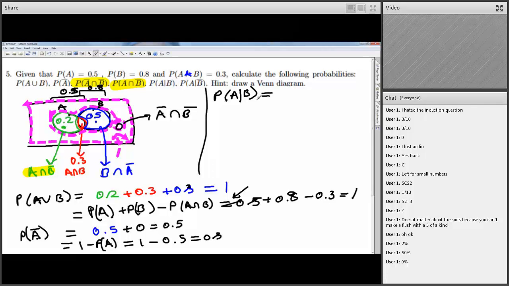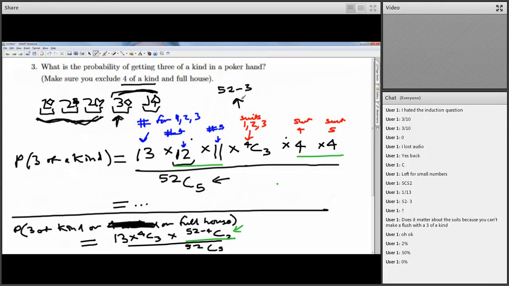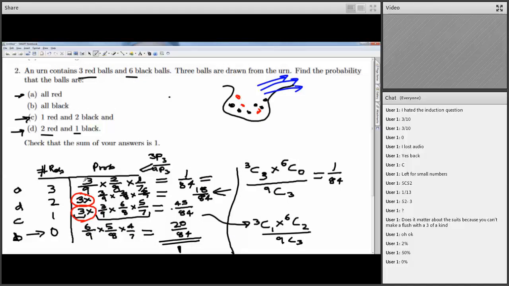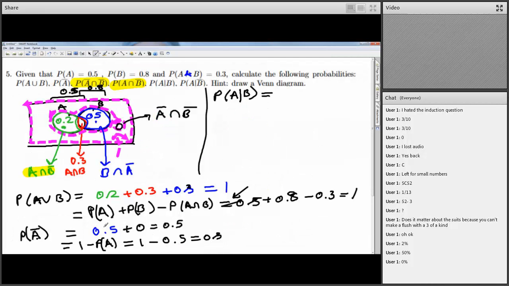This is called a conditional probability, and we've used this fact already. For example, this 2/8 here is the probability that the second ball is red, given the first ball is red. So that really is a conditional probability, and we've got lots of them over here.